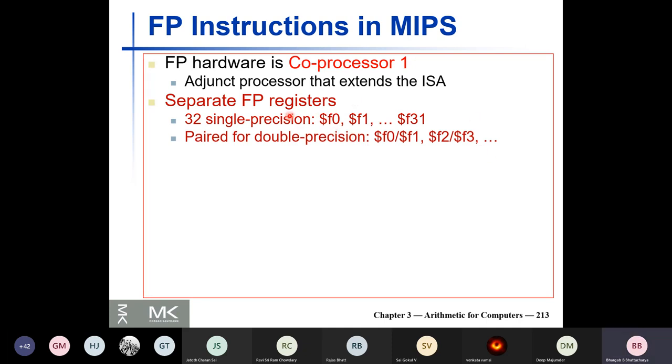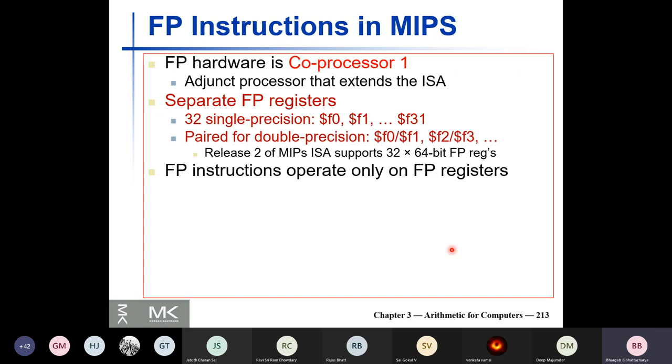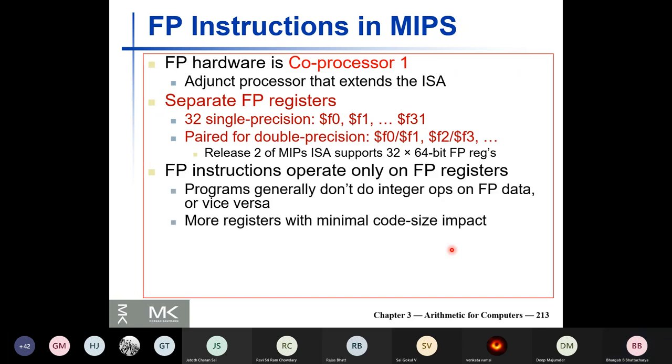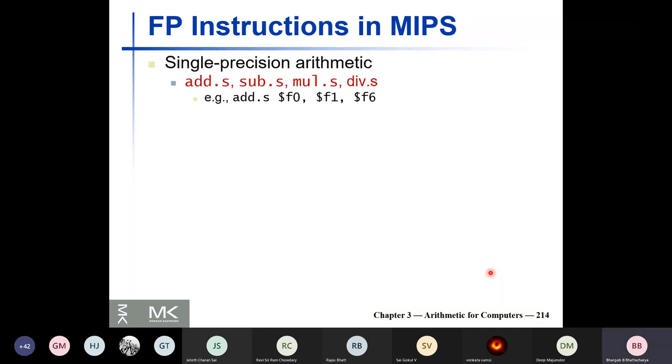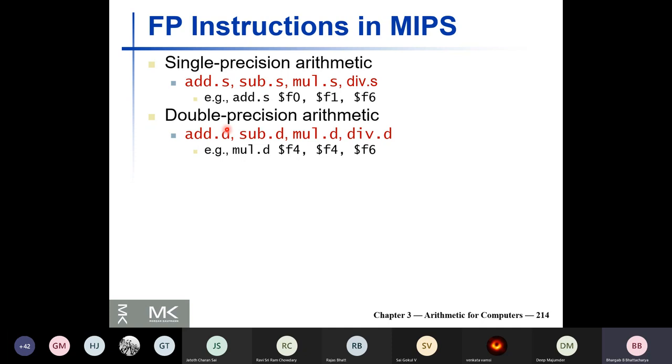You have used these instructions in your lab, right? Like the load and store using this coprocessor 1. These are single precision arithmetic; the .s means single precision. If you do floating point, then these registers must refer to the floating point registers, which are indicated as F0, F1, and so on. For double precision, you use .d and so on. So these are the instructions which are available in MIPS.